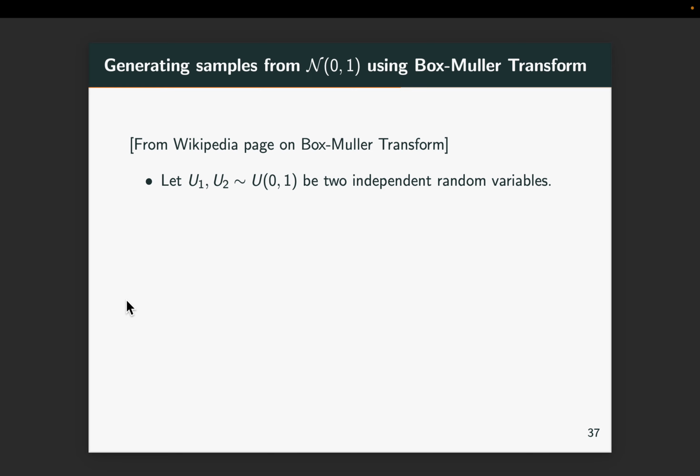We are able to get samples through the Box-Muller transform. Once we have normal 0, 1, we can get samples from normal mu sigma using the transformation mu plus sigma times z. Once we have samples from normal 0, 1, we can also get samples from the multivariate normal with mean zero vector and covariance matrix identity. And once we have that, we can get samples from any multivariate normal distribution.